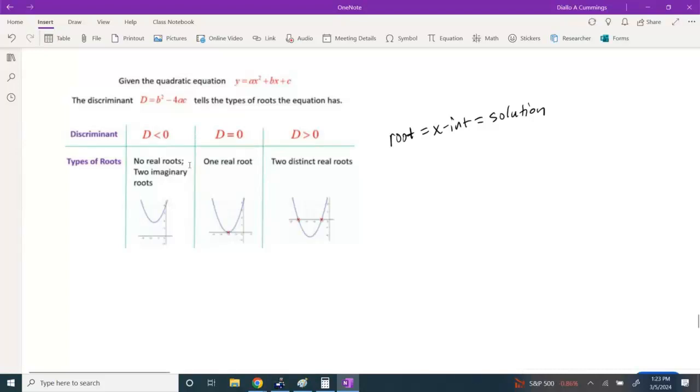Now you're going to see real roots and imaginary roots. So what is a real root and what is an imaginary root? Now, I'm going to pull up the graphing calculator just for a visual.